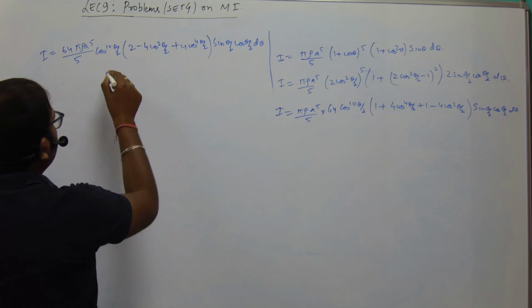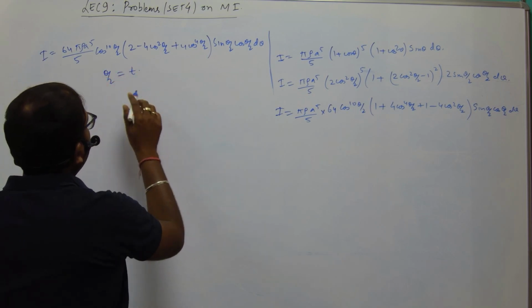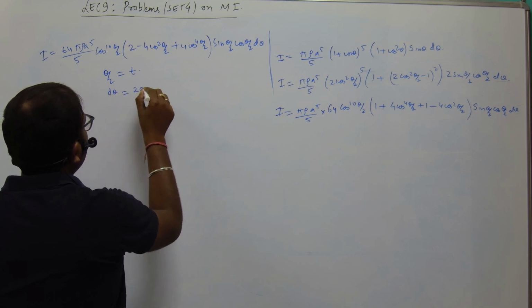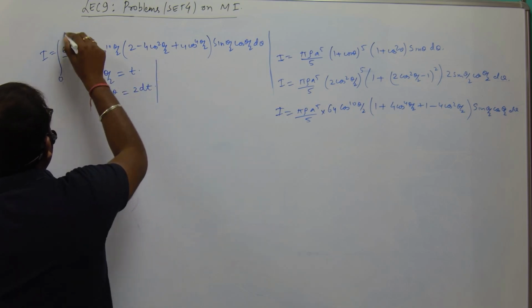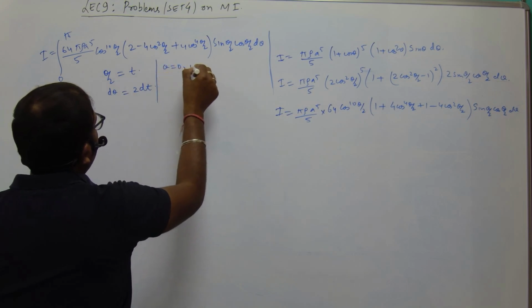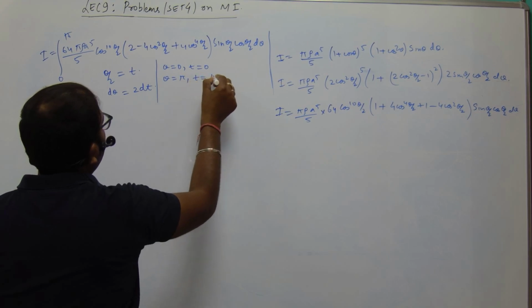Okay, so let us take theta by 2 is equal to t. So we have d theta is equal to 2 times dt. The limit was from 0 to pi. So when theta is equal to 0, t is equal to 0. When theta is equal to pi, t is equal to pi by 2.